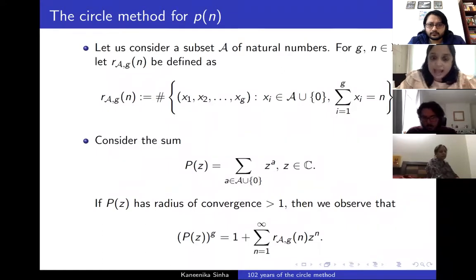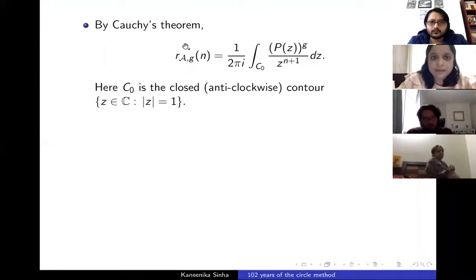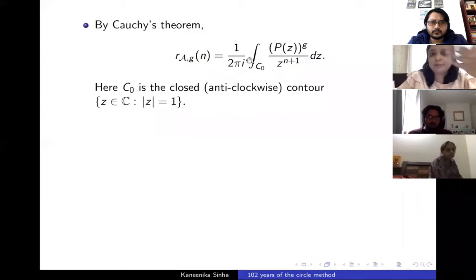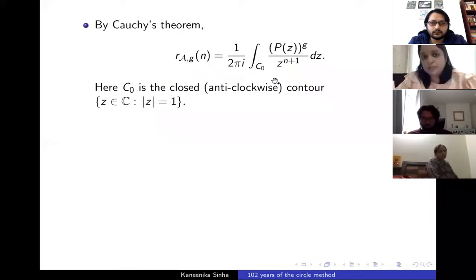Okay, and those of you who are studying complex analysis know that by Cauchy's theorem, and if you have not studied complex analysis, don't worry, you have already seen this integral in a different form using our exponential functions. But by Cauchy's theorem, you have another alternative way of expressing this R_{A,g}(n).